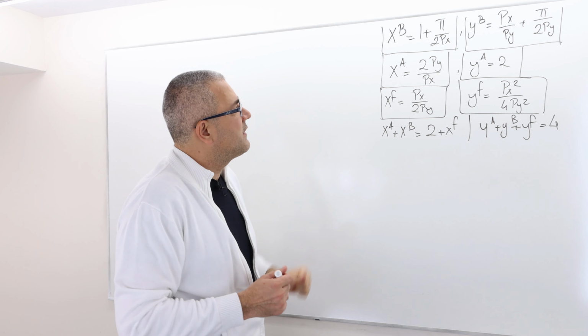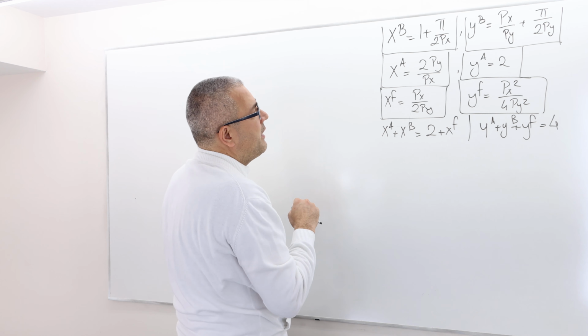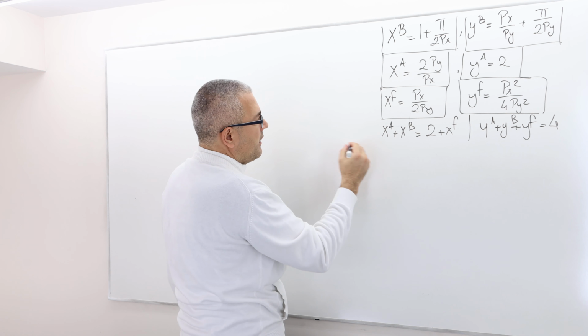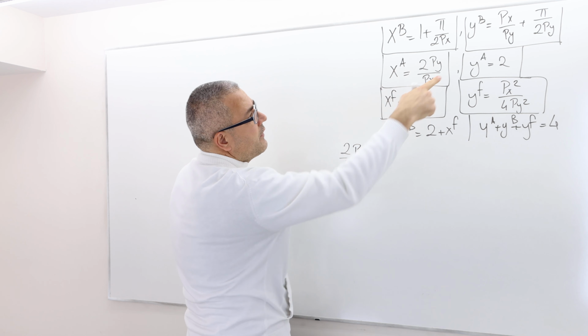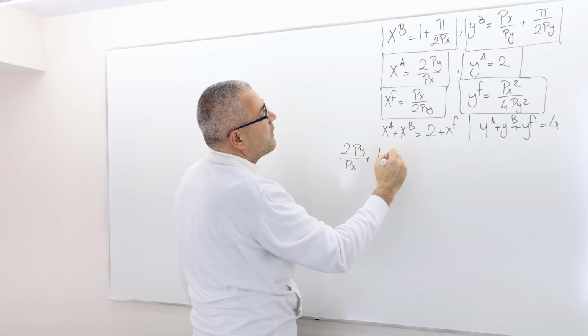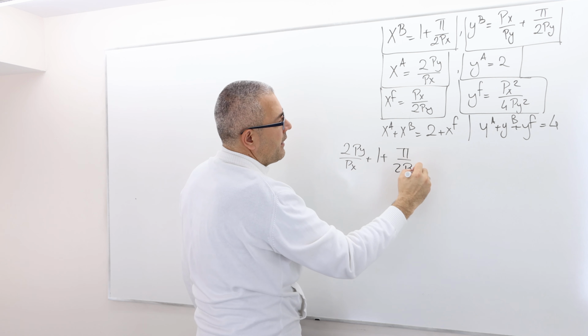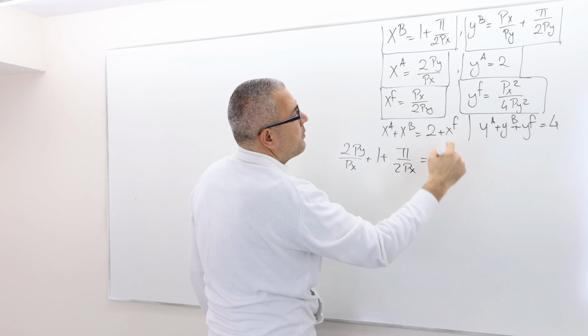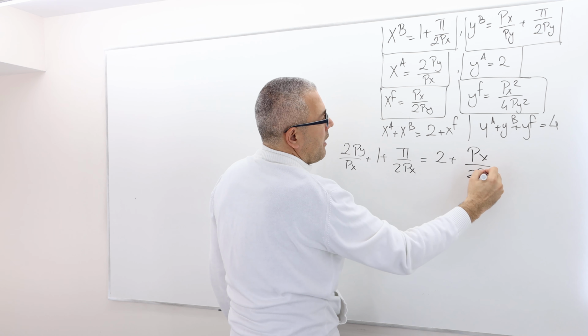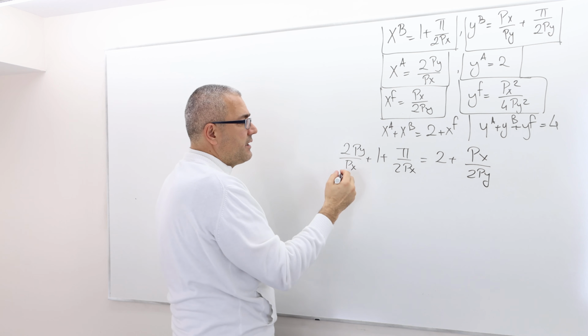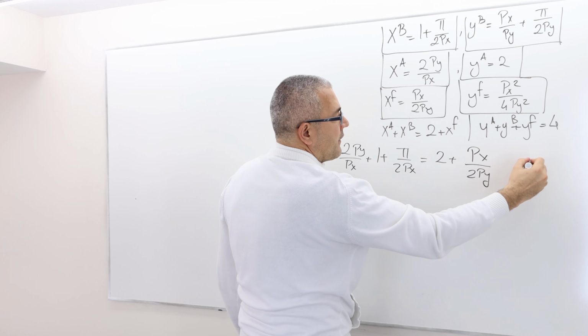What does that mean? Well, xA plus xB is equal to, xA is 2py over px, plus xB is equal to 1 plus pi over 2px, has to be equal to 2 plus xF, and xF is this, px over 2py. All right, so this is the market clearance condition for good X.